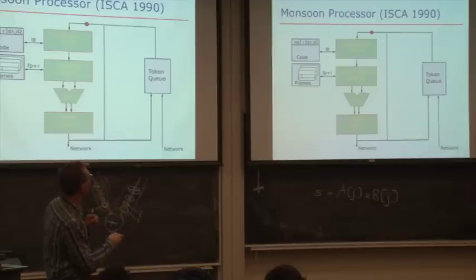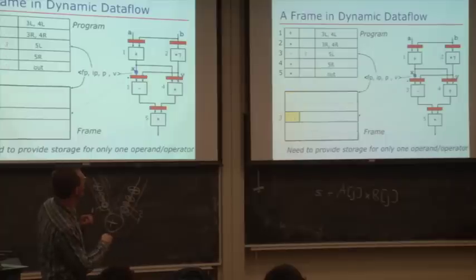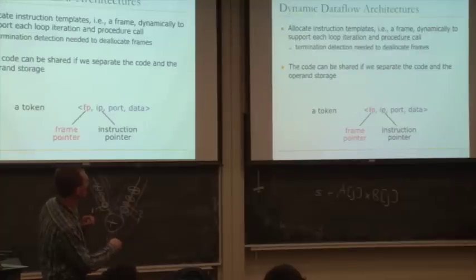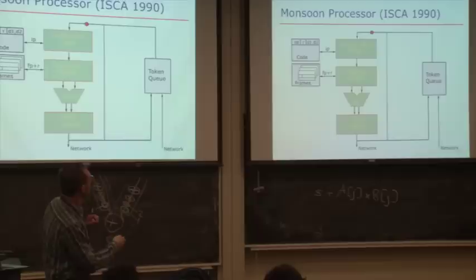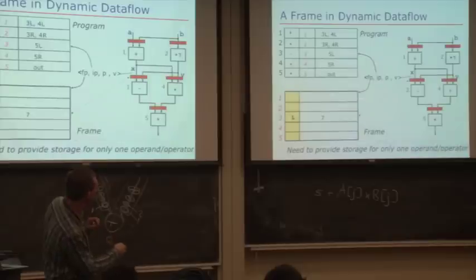This is the Monsoon processor that actually operates using the concept of this frame. Each token is tagged with the frame pointer. So let's assume that a token becomes available. It first goes through this code store, and it fetches the instruction that's specified by the token. And you know that the token specifies an IP, right?